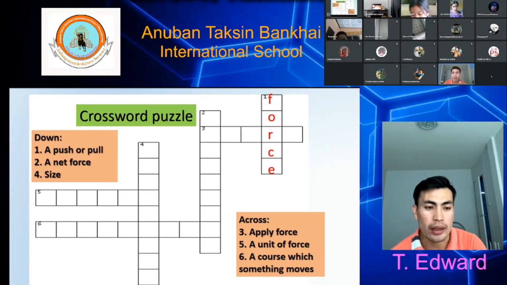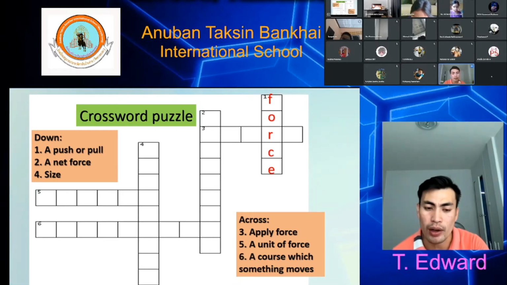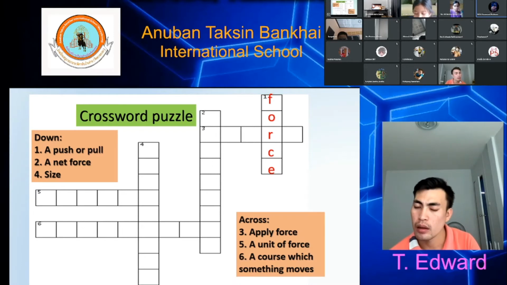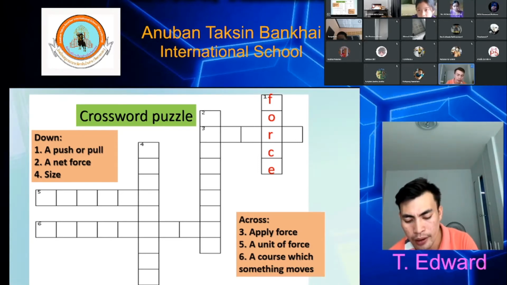Watcharit has 5 points already. So let's go to Samonrat. Samonrat, go. Can you spell? Magnitude. Magnitude is wrong. Sorry.